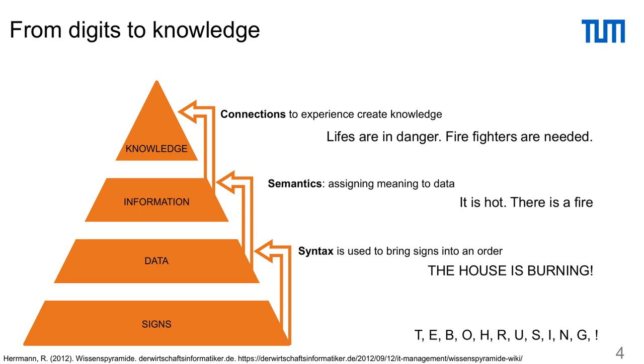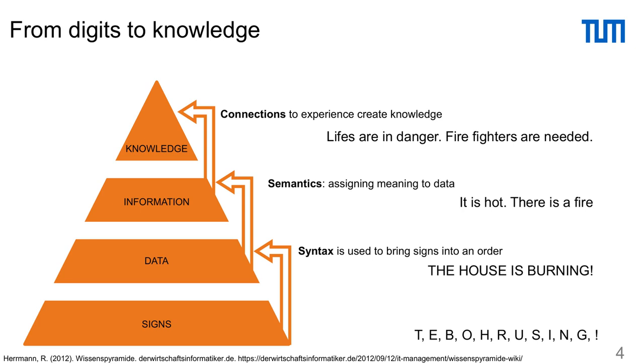The basic elements are a bunch of letters which are brought to an order in the end through syntax, and then from the set of characters we can see, okay, the house is burning. Through semantics we can assign meaning to this data.